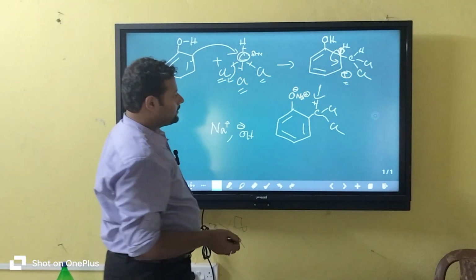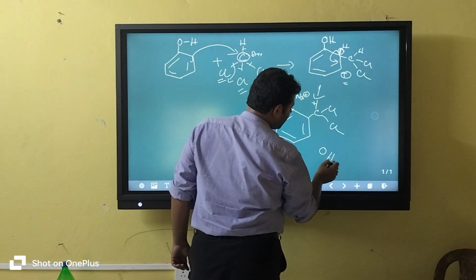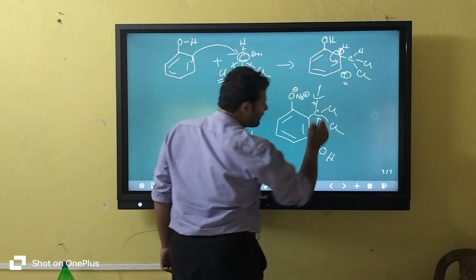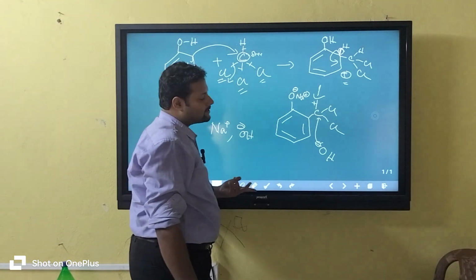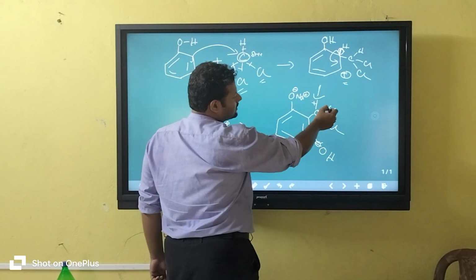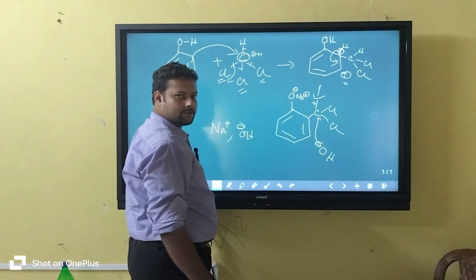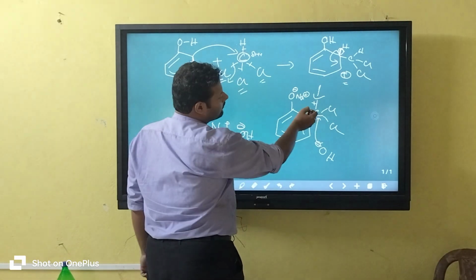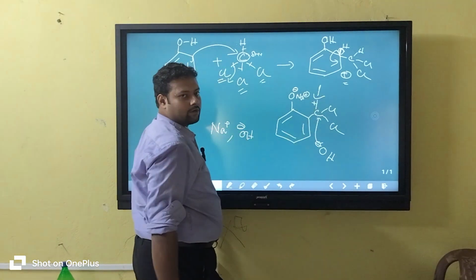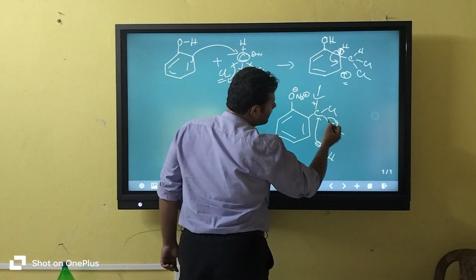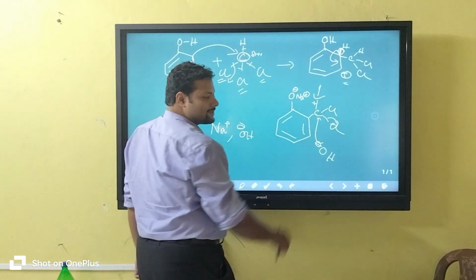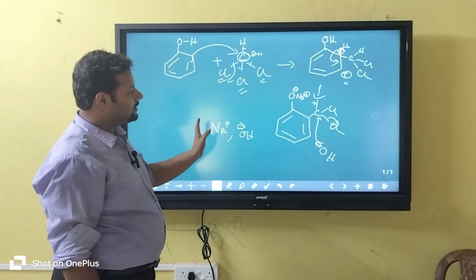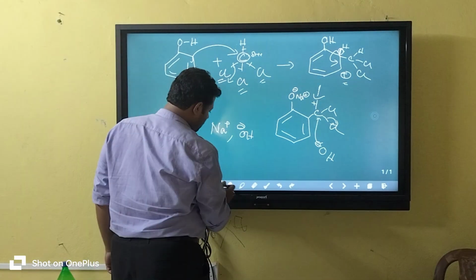At the same time, the hydroxyl ion can attack this carbon also. Again, the reason is the same: this carbon is still attached to two chlorine atoms, which leads to an electron deficiency on this carbon atom. As a result of this attack, another chlorine leaves.